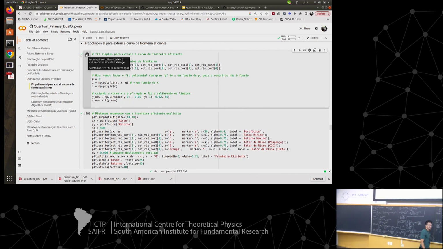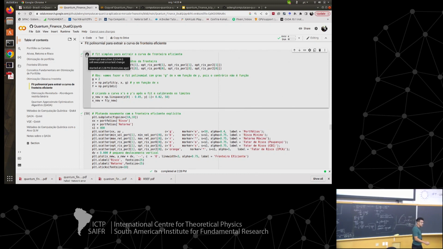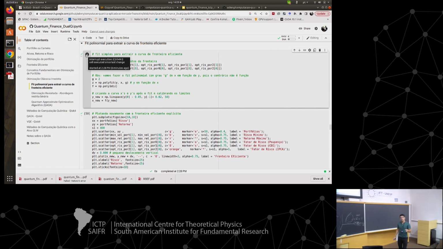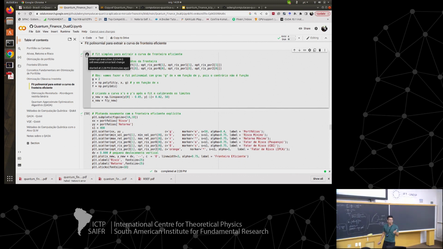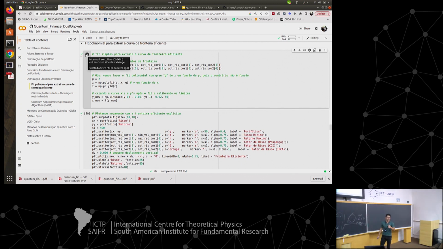So the trick maybe you already got? Yeah, x in function of y is a function, not y in function of x. In the polynomial fit, I inverted it here because I'm trying to find x in function of y.